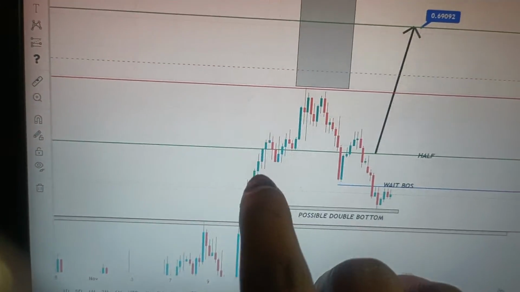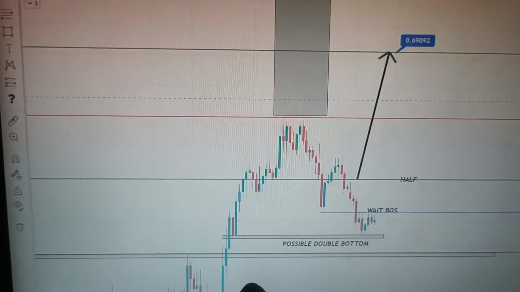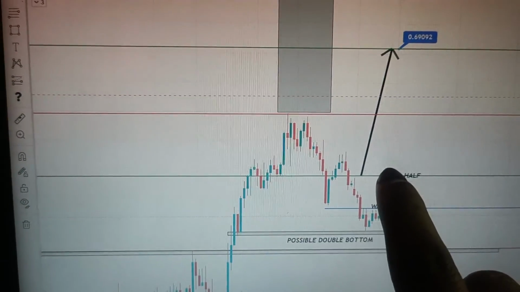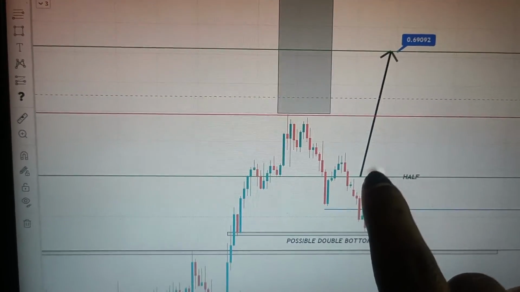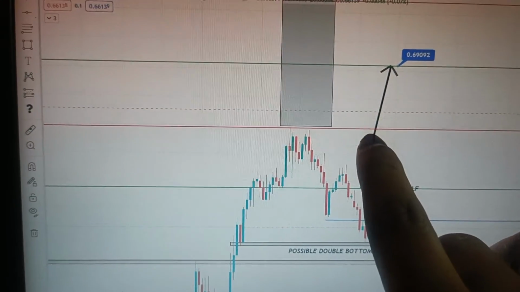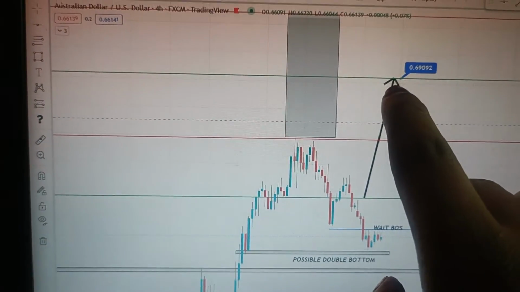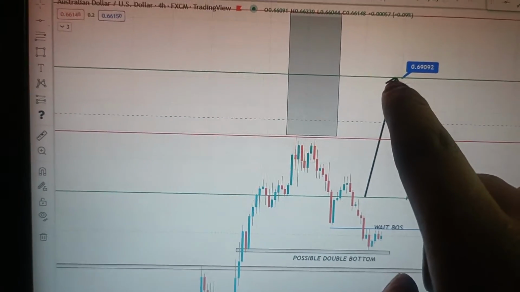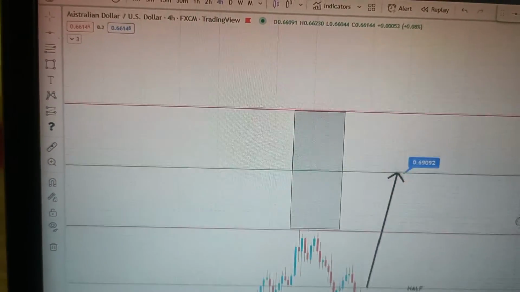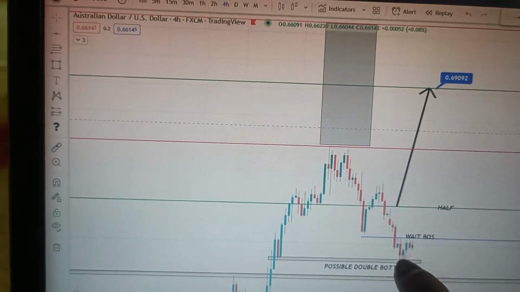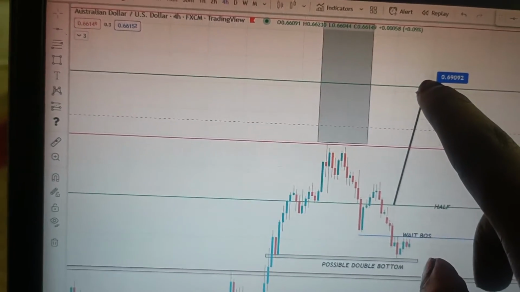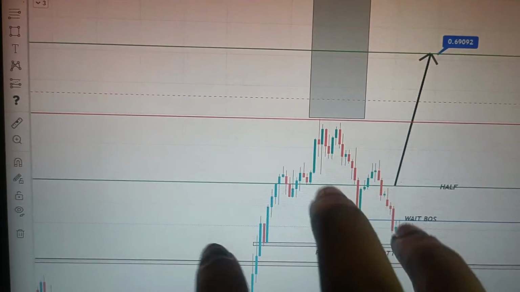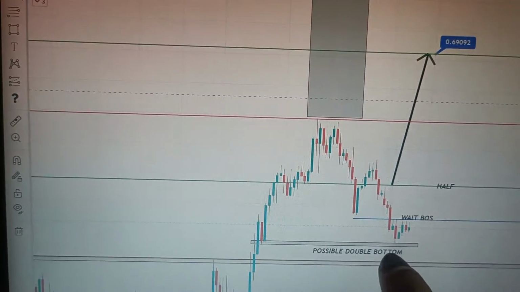If you're checking 4 hour time frame, you will buy up to the half, wait it breaks, you buy to the neckline, wait it breaks, you get into this zone. But daily time frame is telling you you're working with an inverted head and shoulder. You can buy from here to here.